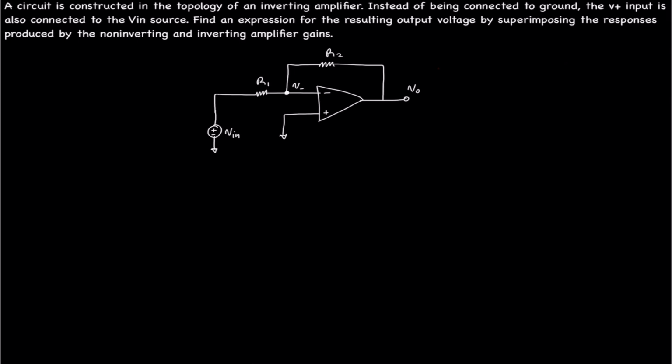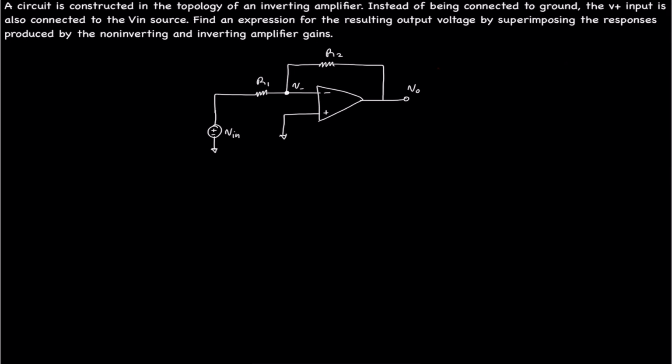So instead of grounding the V plus terminal, the V plus input is also connected to the V in source. Thus we need to connect V plus to the V in source and then find an expression for the resulting output voltage by superimposing the responses produced by non-inverting and inverting amplifier gains.